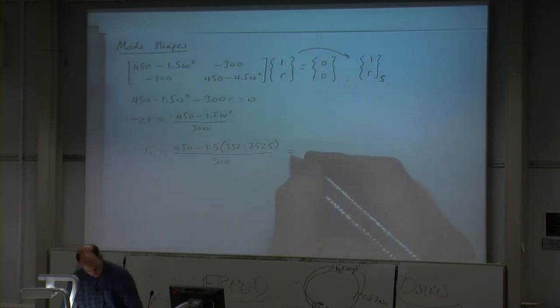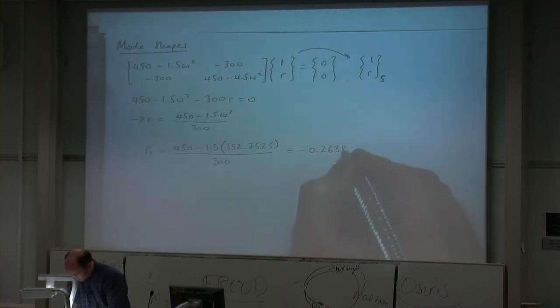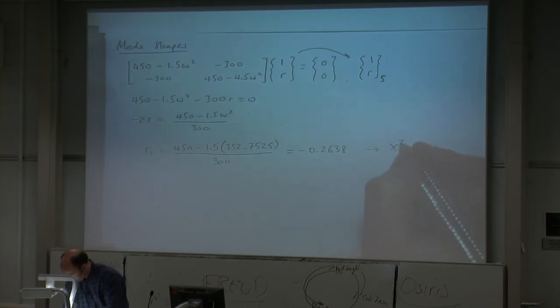Do the sums, and you get minus 0.2638. Therefore, x1, which is our first mode shape, is 1, minus 0.2638.